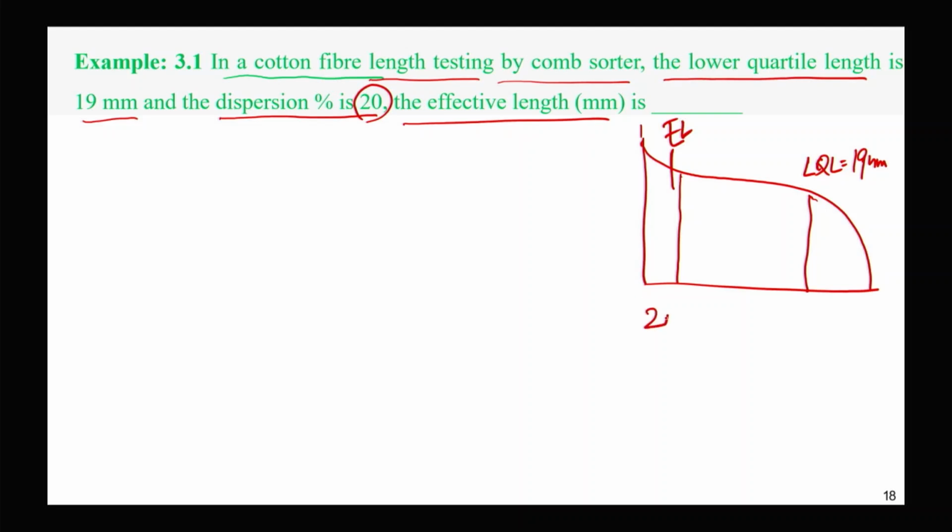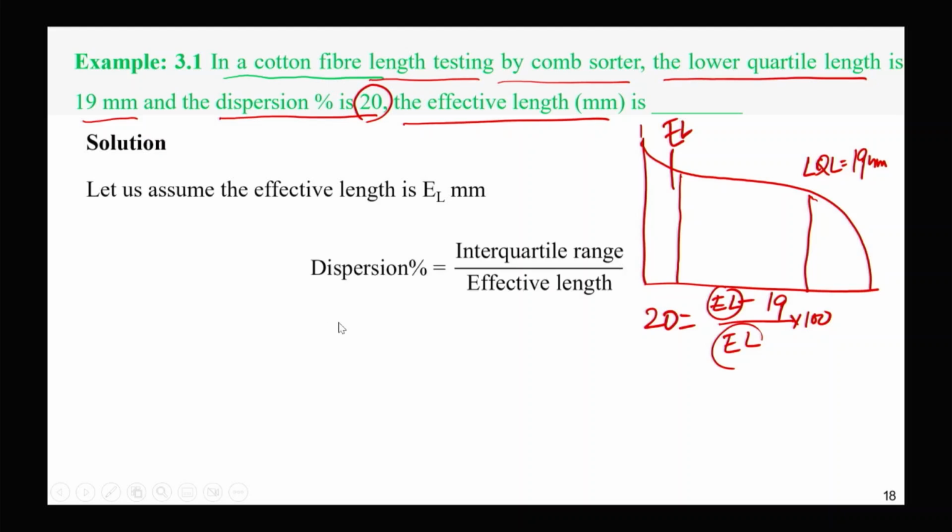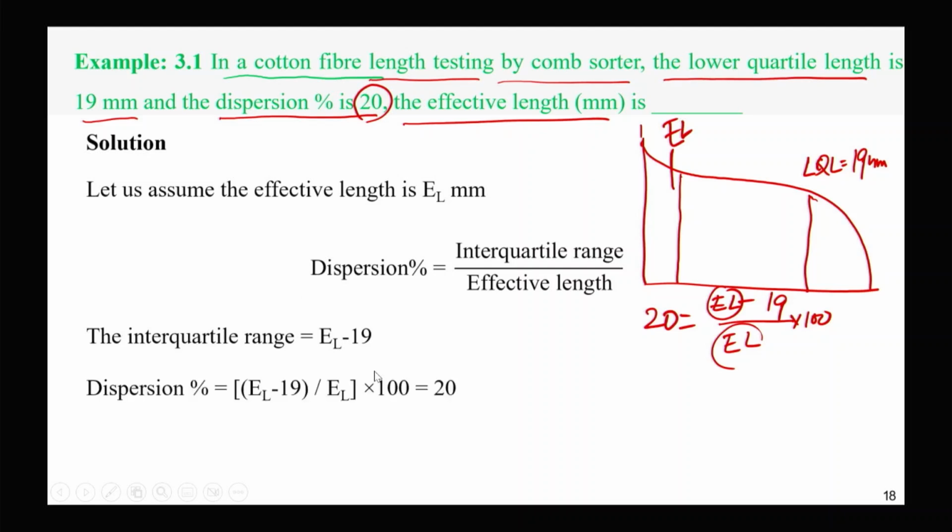So dispersion percent 20 equals (effective length minus 19) divided by effective length, times 100. From this equation we can calculate the effective length. By solving this equation we get the effective length value of 23.75.